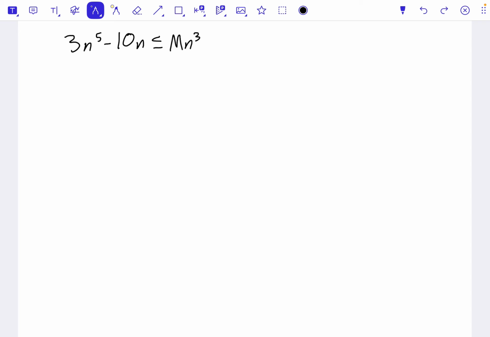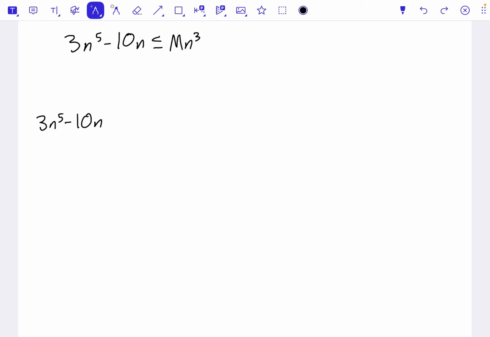But like all things, it starts with trying to simplify the inequality so that we can actually solve for the variables that we want to, which means taking 3n to the 5 minus 10n and turning it into something that can be more easily compared to mn cubed. In general, a subtraction symbol is kind of, sort of a giveaway that you're supposed to use the factoring trick.